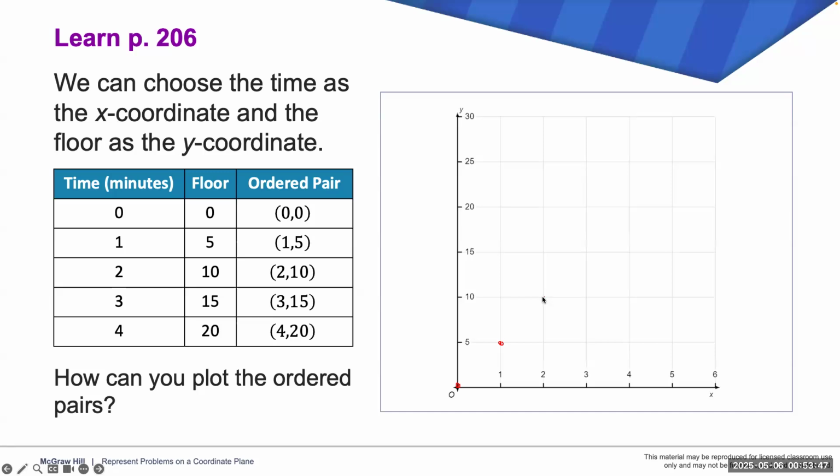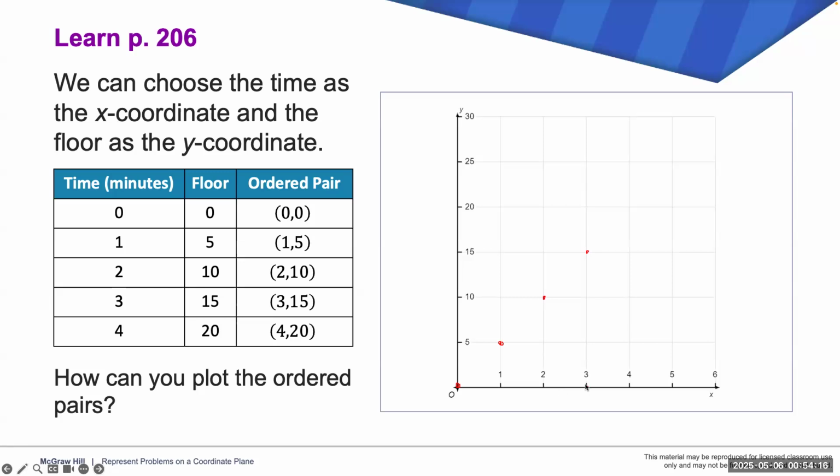5 and 10. The fourth is for 3 minutes. So 1, 2, 3 minutes and 15 floors. So 3, 15. The fifth ordered pair is 4 for x, 20 for y.